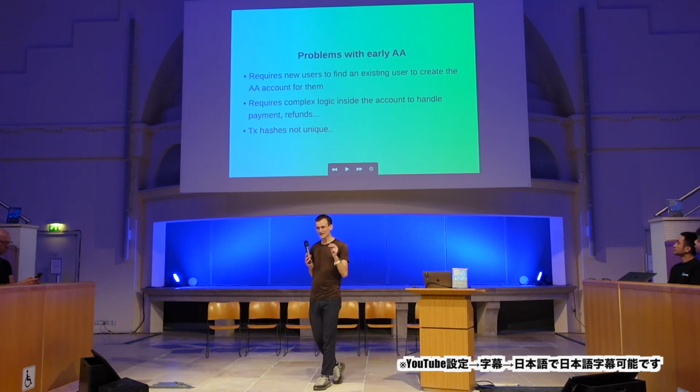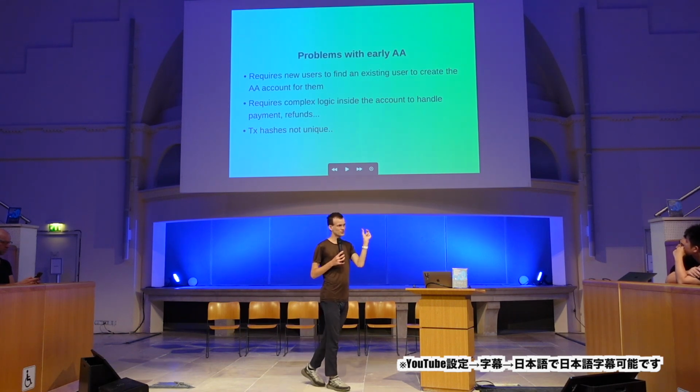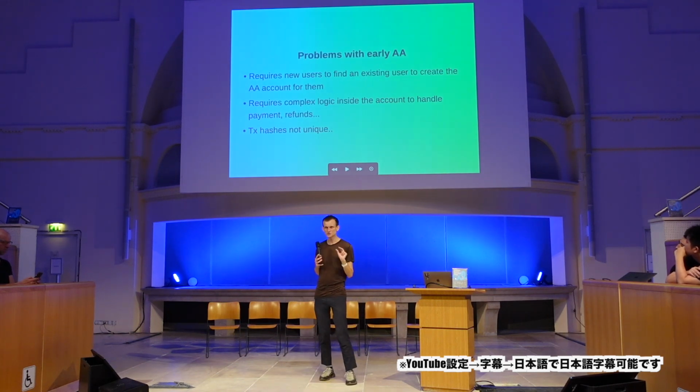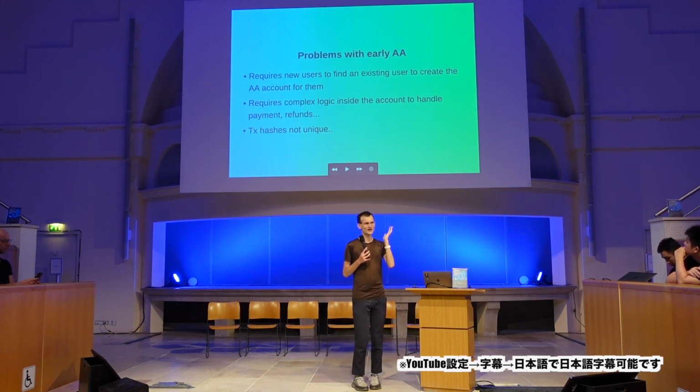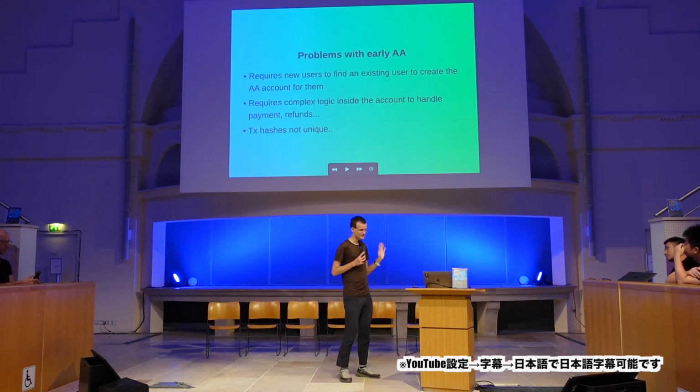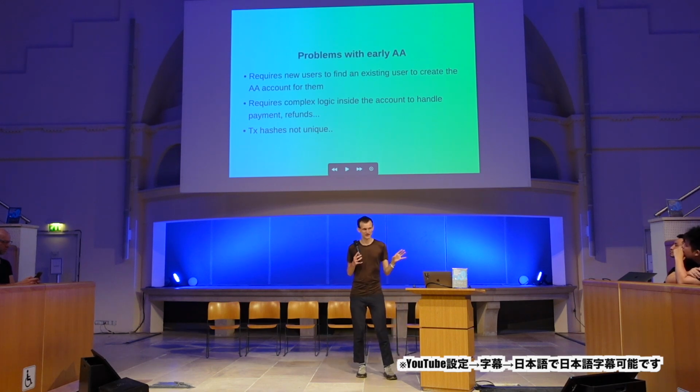So lots of Ethereum infrastructure relies on this idea that a transaction with a particular hash can only appear on a chain once, right? Etherscan relies on this, the Geth API relies on this, the Ethereum API, lots of infrastructure totally relies on this, right?